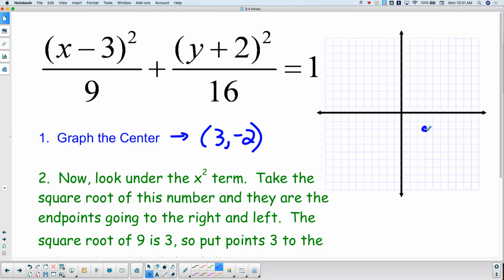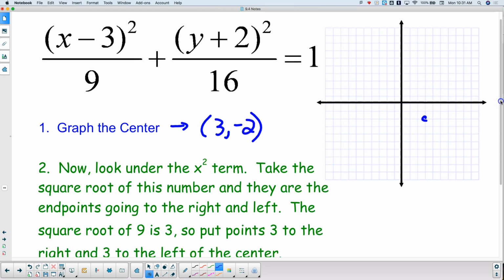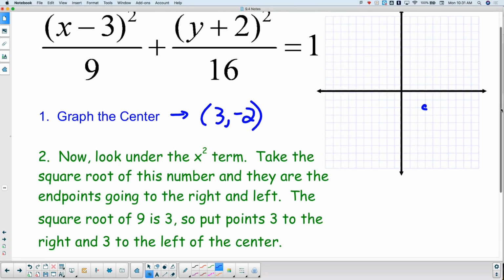Okay? Step number 2 says, now what I'm going to do is look underneath the x squared term. So here is my x squared term. I look underneath it, and here I find the number 9. I'm going to take the square root of that number. So what's the square root of 9? 3. Okay? And that is going to be the endpoints of an axis, the horizontal axis.